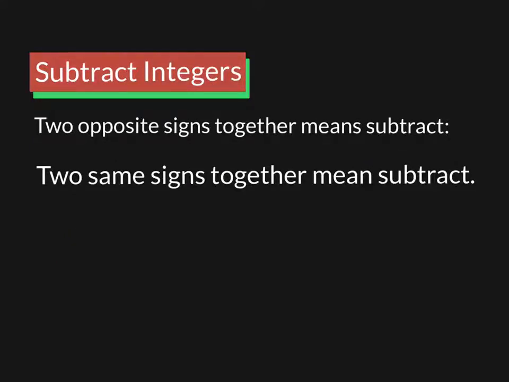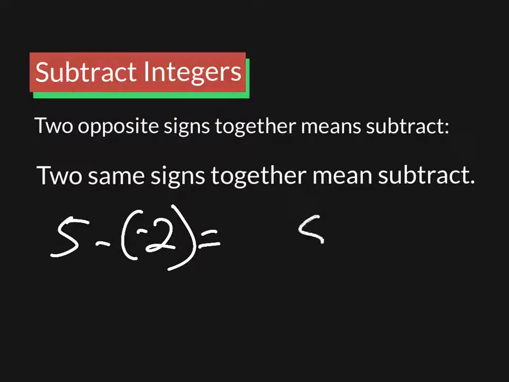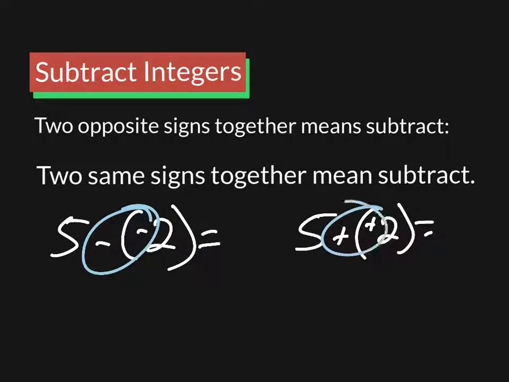By the same token, when you're adding or subtracting integers, two same signs together mean add. So 5 minus negative 2, or for that matter, 5 plus positive 2. Here we have minus minus or plus plus.